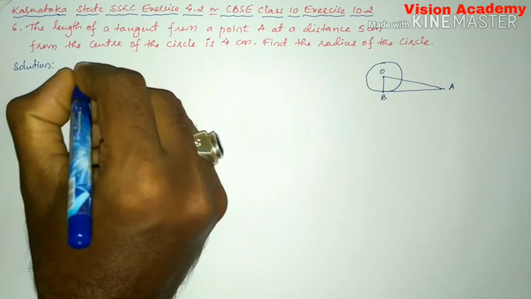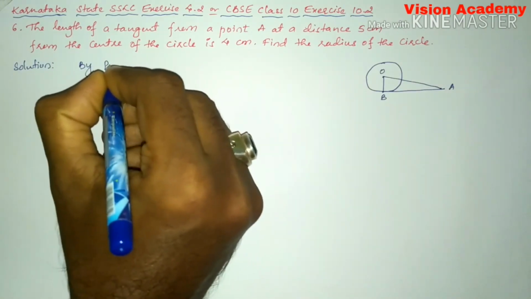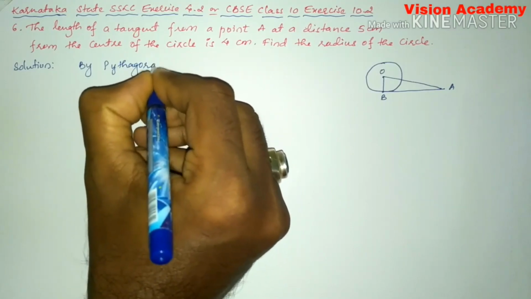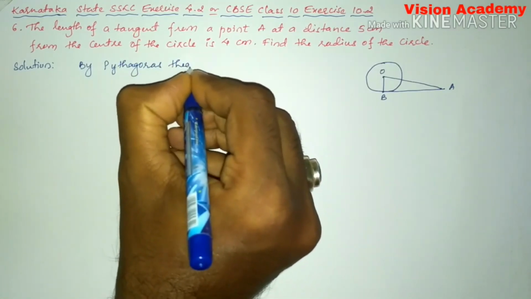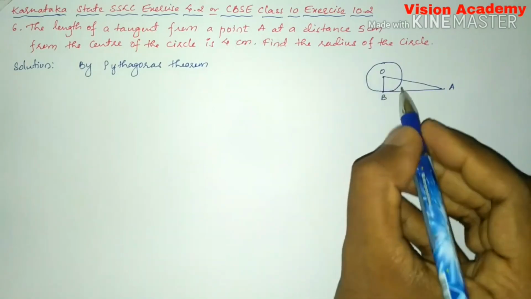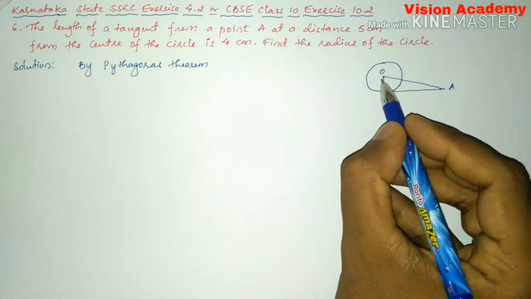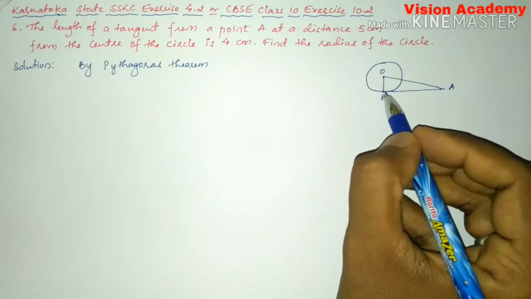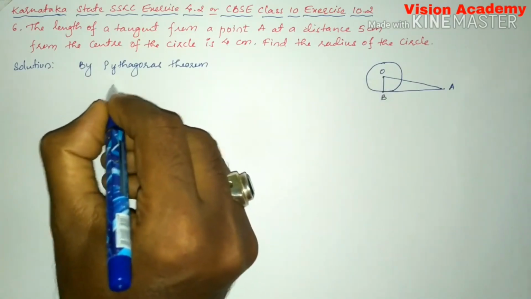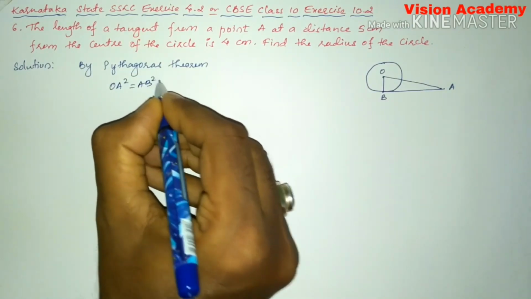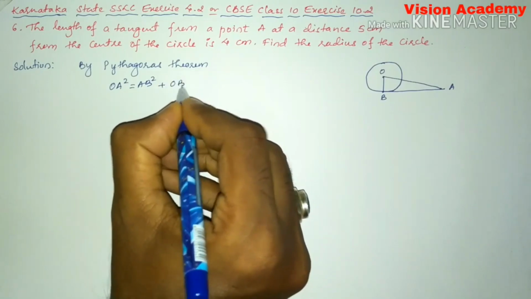By Pythagoras theorem, we can write hypotenuse square is equal to sum of squares of adjacent side and opposite side. So that is OA square is equal to AB square plus OB square.